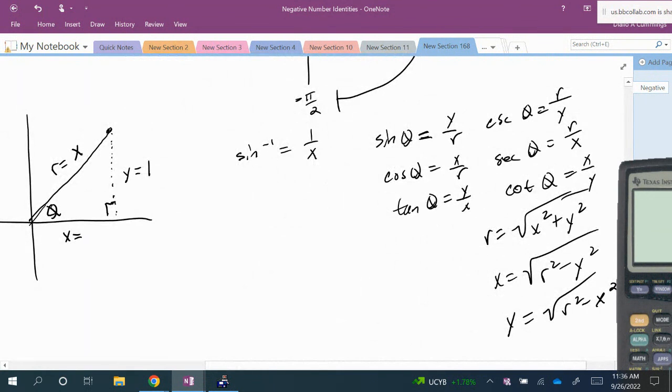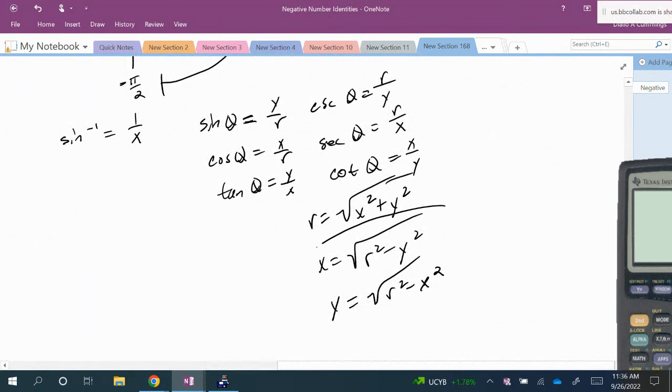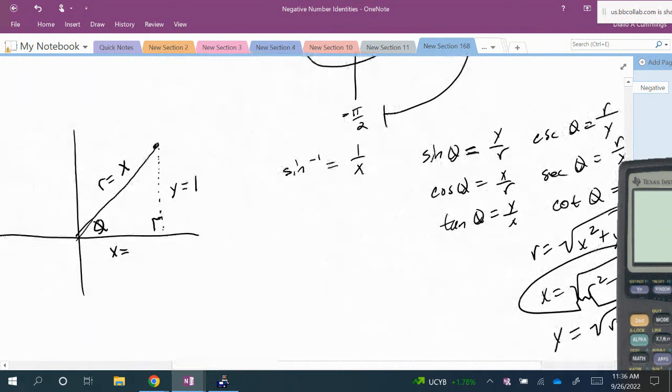So we want to find x. I'm going to use this formula, the square root of r squared minus y squared. So that's the square root of r, which is x, squared, minus y squared. y is 1, and 1 squared is 1.